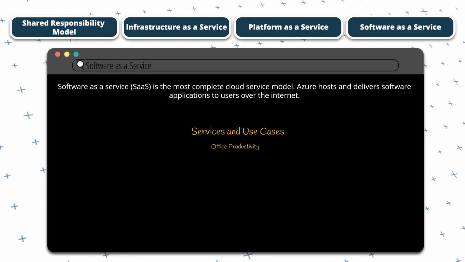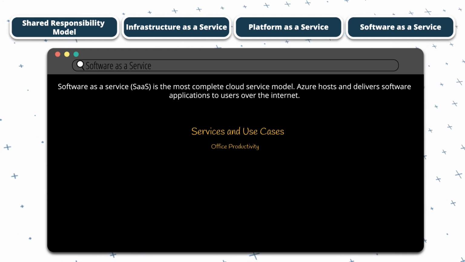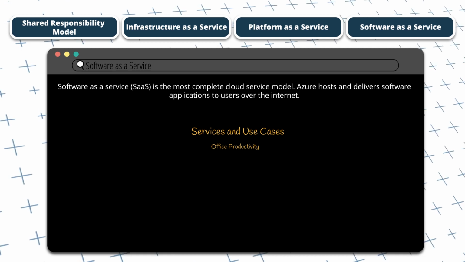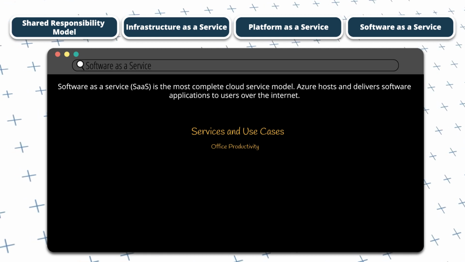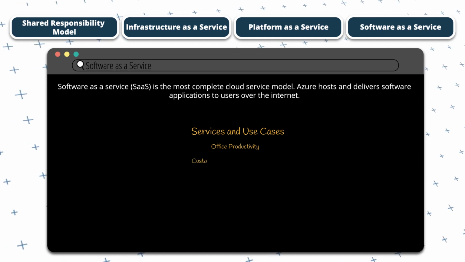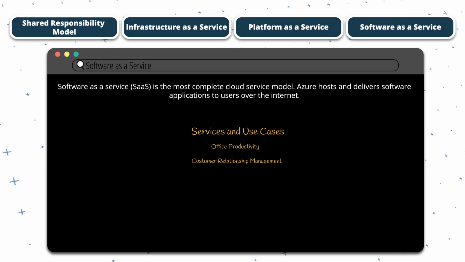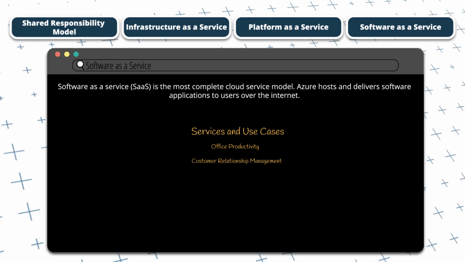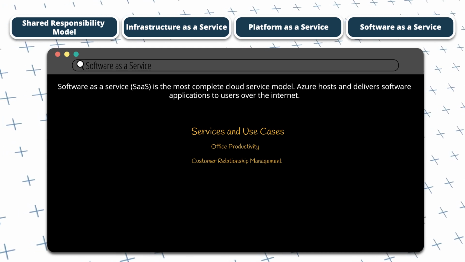So these would be offerings such as Microsoft 365, which provides cloud-based productivity applications such as email, word processing, spreadsheets, and more. Customer relationship management. These would be offerings such as Dynamics 365, which provides cloud-based CRM applications.